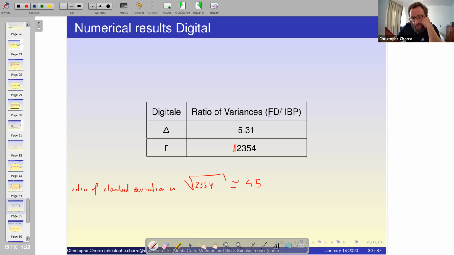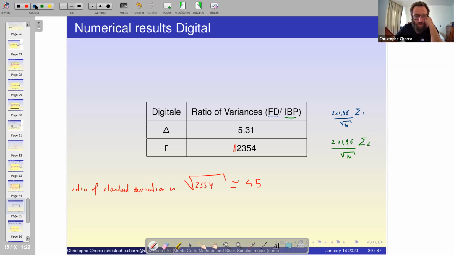If I am in the finite difference approximation, the size of the confidence interval is 2 times 1.96 sigma 1 over the square root of n, where sigma 1 is the standard deviation related to the finite difference. In the case of the integration by parts, the size of the 95% confidence interval is given this way with sigma 2.